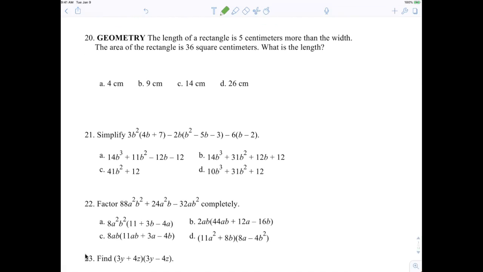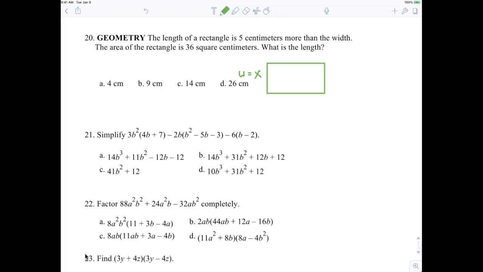Okay, so this is the one that caused a little bit of trouble. It says the length of the rectangle is 5 centimeters more than the width. So just for my own satisfaction, I drew a rectangle. And then this was x. And that we would say is the width, which is unknown.